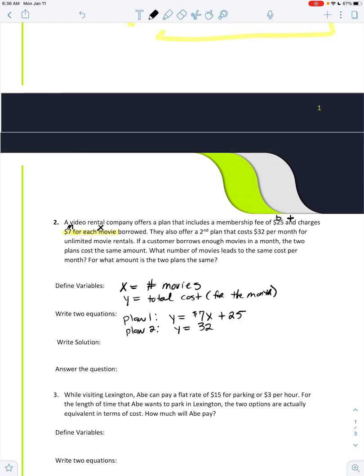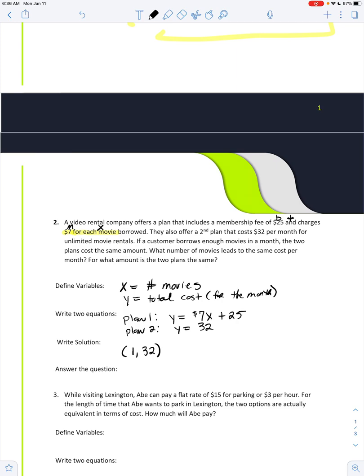All right. Once you plug that into the Desmos calculator, we're looking for our point of intersection. And it looks like our point of intersection is at 1, 32. So now we can answer the question, what number of movies leads to the same cost per month?